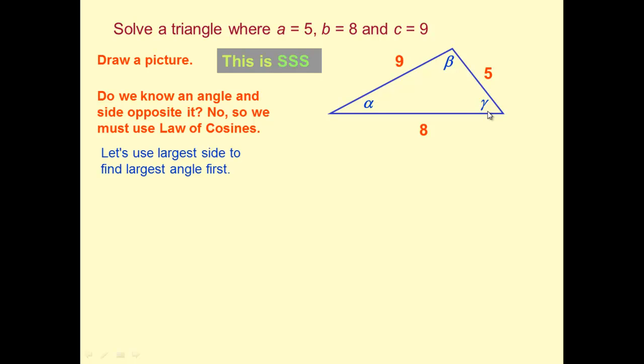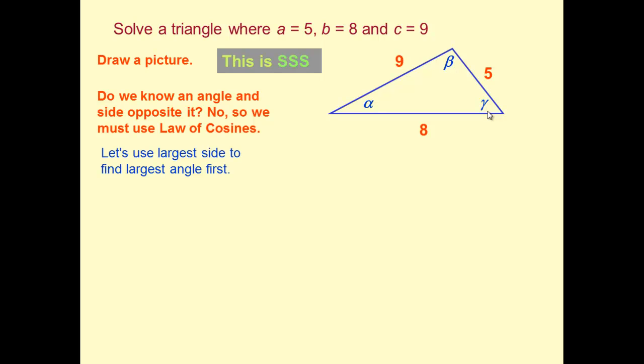Here's the reason why. If you remember back to the law of sines and the ambiguous case, it is possible to have an obtuse angle in a triangle. The law of sines, which we're going to use after we find our first angle to find our next angle, does not allow you to find obtuse angles because the inverse sine is restricted between negative pi over 2 and pi over 2, or negative 90 degrees and positive 90 degrees.